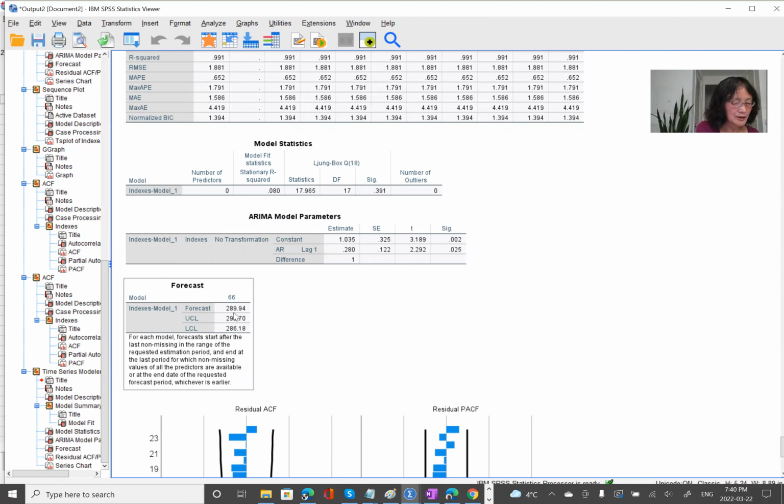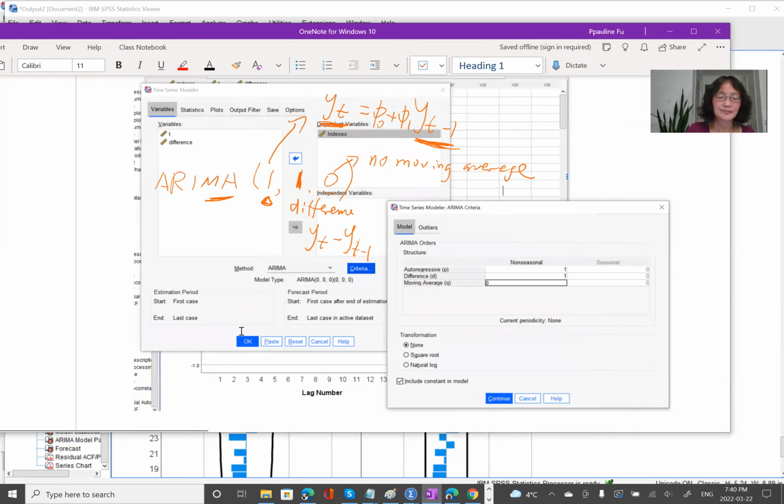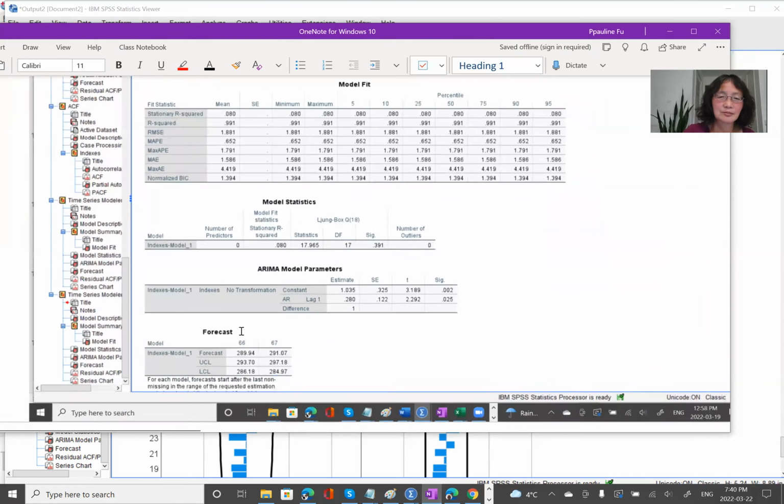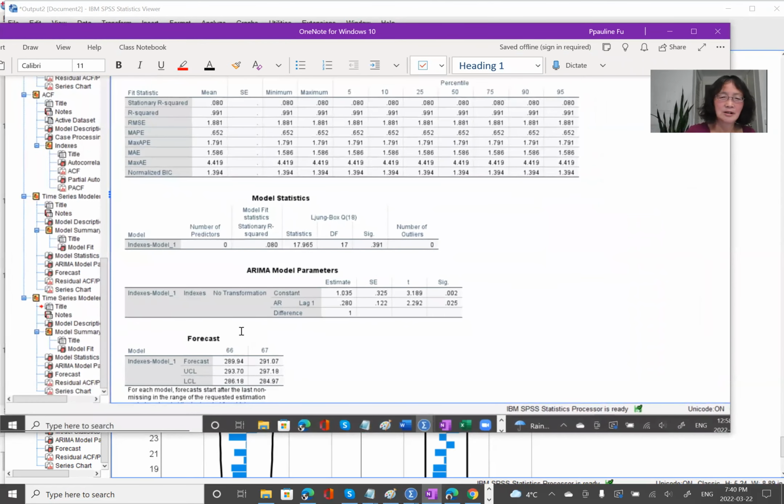So I want to point out that this constant 1.035, I want to explain here. So we get the output, and you have to do something about this number, this constant, to get the real constant.